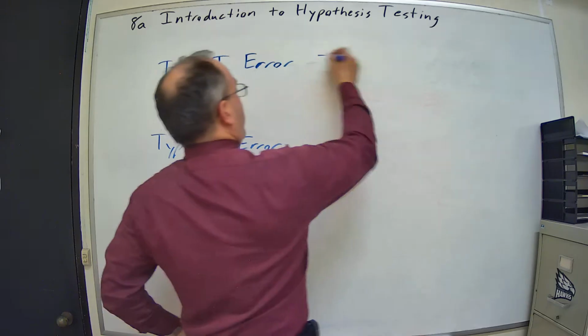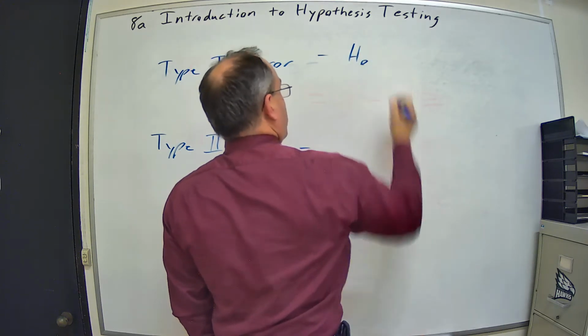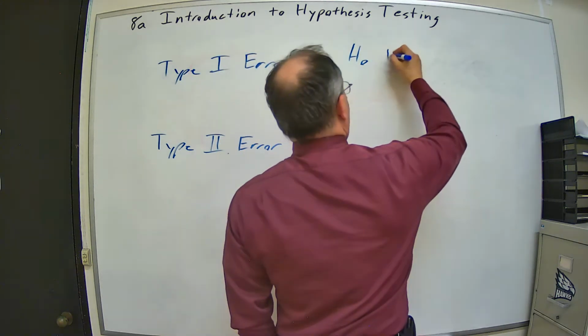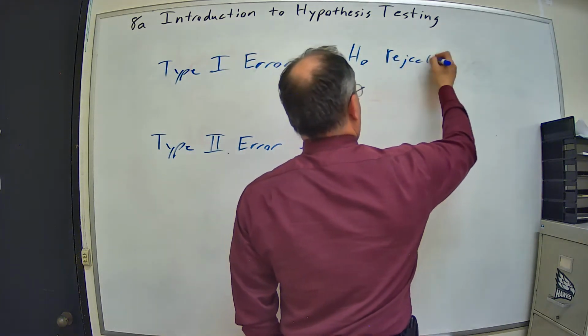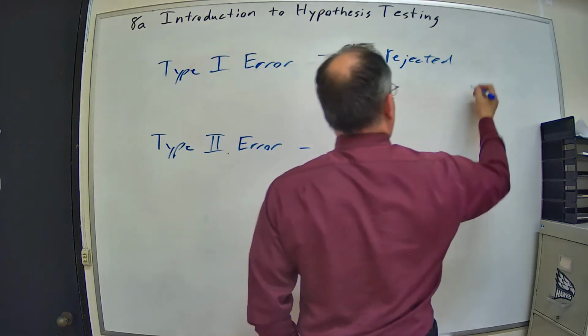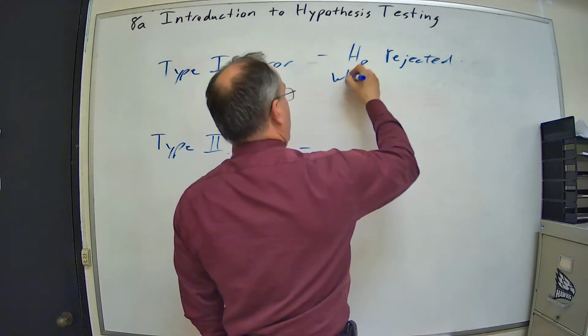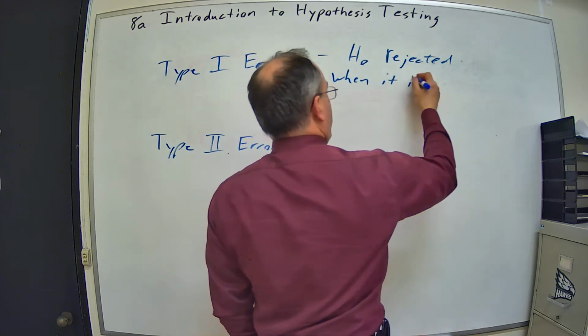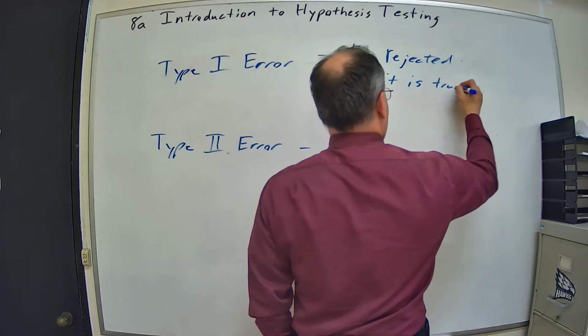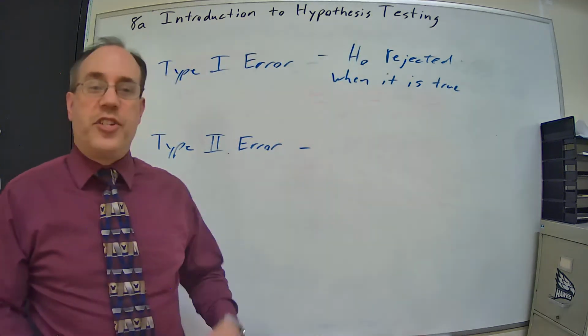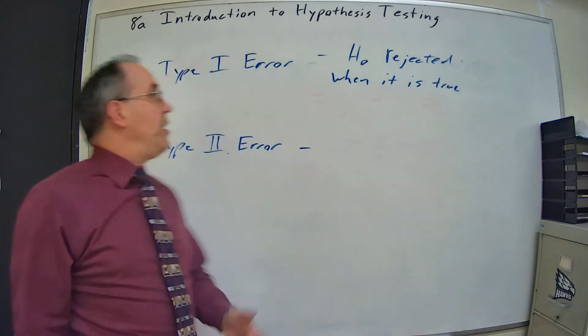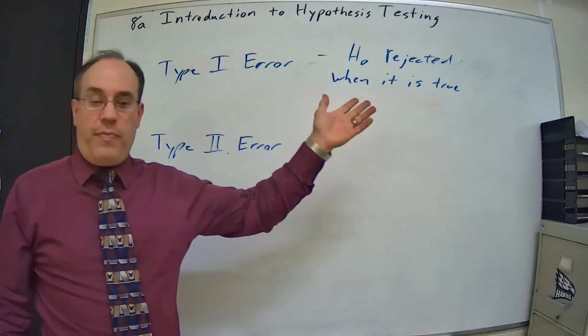A type 1 error is when the null hypothesis is rejected when it is true. So basically, we rejected something when we shouldn't have. That's a type 1 error.